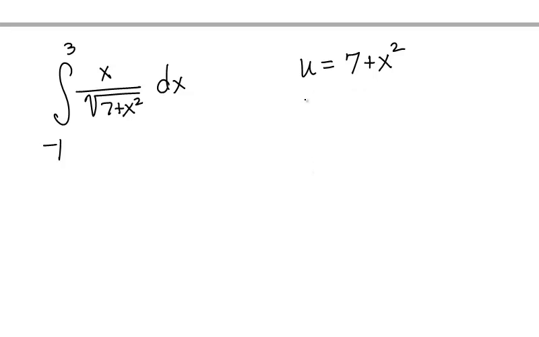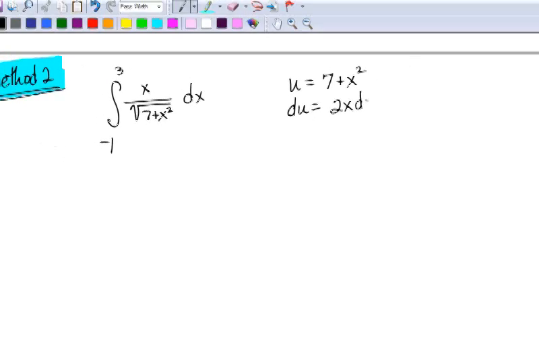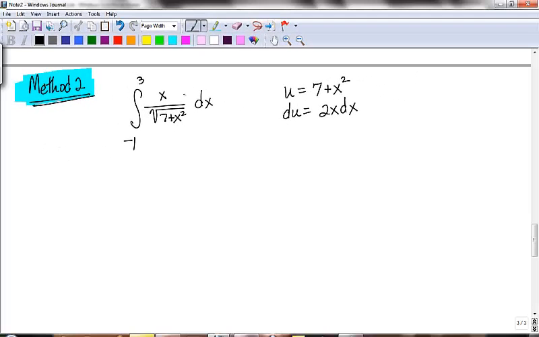Still do the derivative. du would equal 2x with respect to x. I still need to substitute in just for this part, the x dx, so I'd have 1/2 du equals x with respect to x.